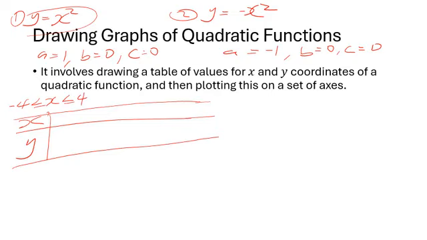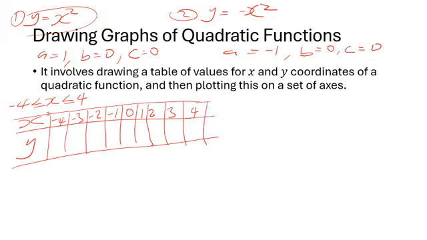So we will have -4, -3, -2, -1, 0, 1, 2, 3, and 4.